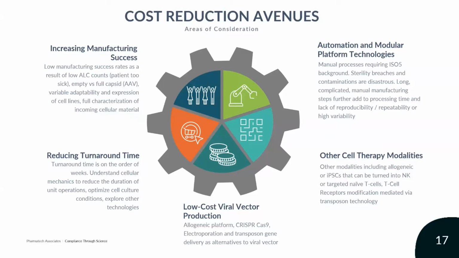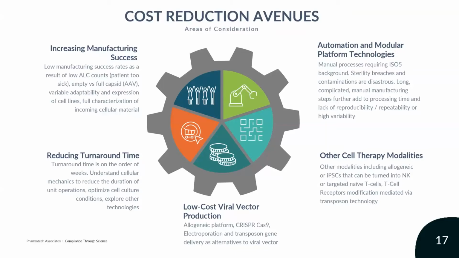So that means understanding cellular mechanics, understanding what is amenable to transduction and activation, and in the case of cell and gene therapies, what balance you can reach in getting higher viral genome titers while controlling footprint and turnaround time. Ultimately that will lend us well to low-cost viral vector production. Currently, the industry is dominated by lentivirus and AAV technologies to deliver the target gene of interest, but there are other ways to do so.